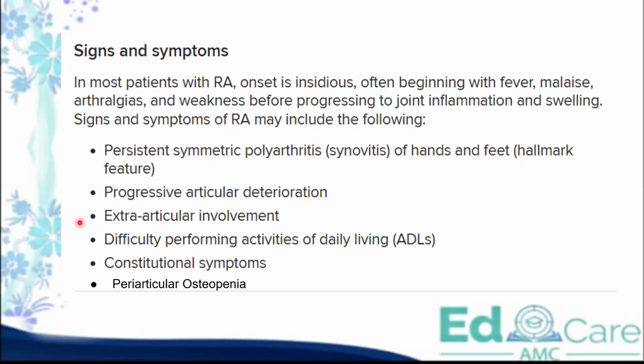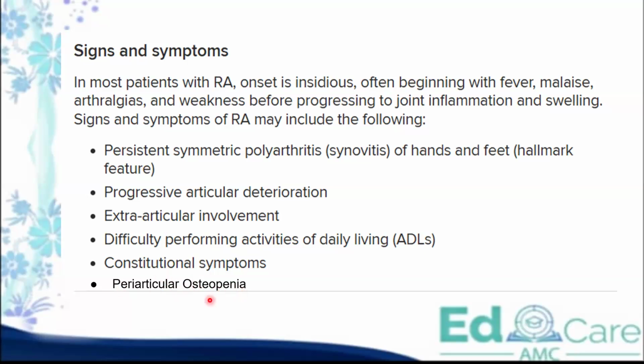Progressive articular deterioration, the joint capsules and all get eroded, right? And even the joints, there'll be erosions, extra-articular involvement, and difficulty in performing the activities of daily living, ADLs, right? Constitutional symptoms and periarticular osteopenia, right?